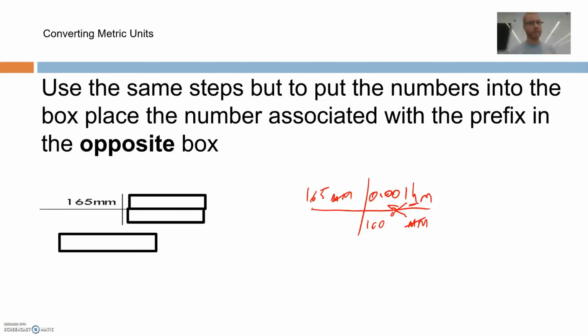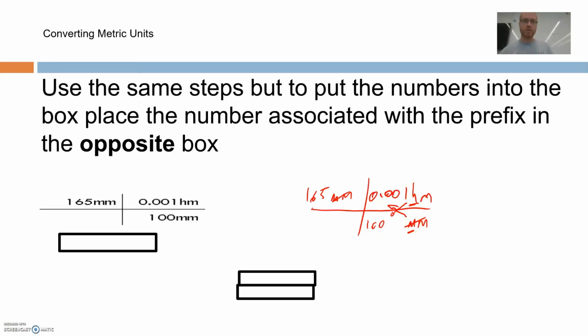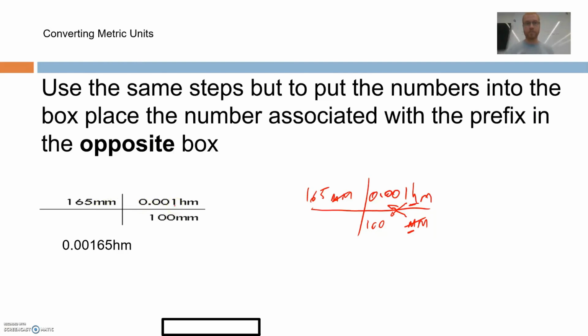Again, you don't have to do this, but it really does take out a step and make it easier. But it only works if you're just changing the prefix. So you end up with that, and when you multiply and divide that, you get 0.0165 hectometers.